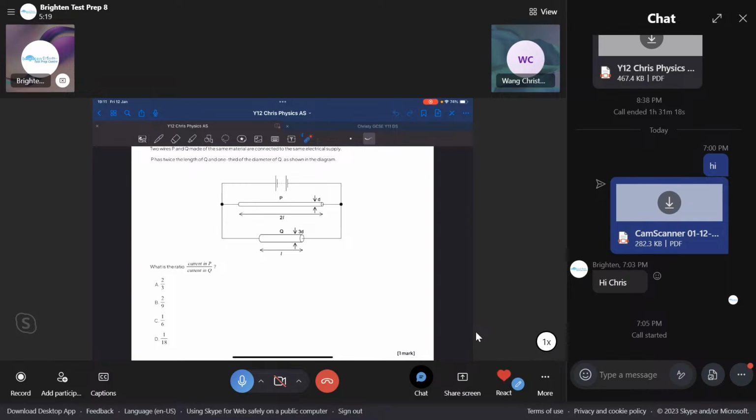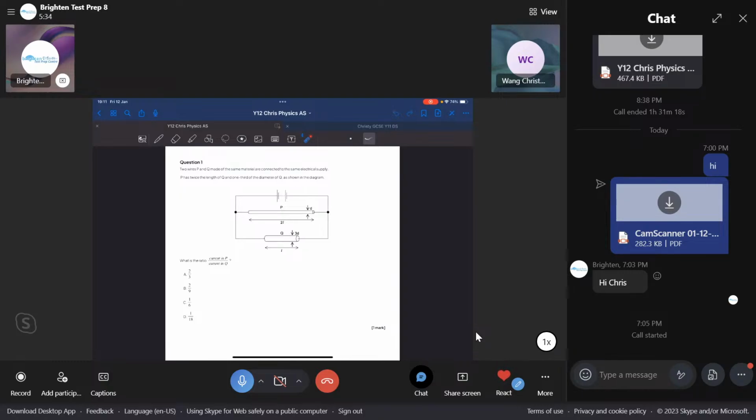You need to know about circuits and, in this case, resistivity and how that links with diameter and length. But it's not only that; it's combined with the circuit question, and that's not so often actually. But this is good. That's why it's a good question.